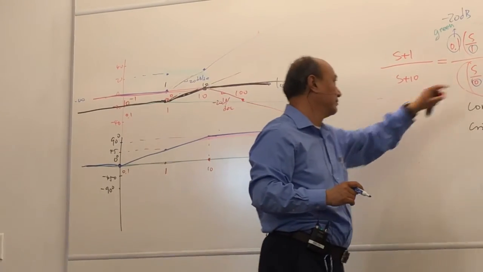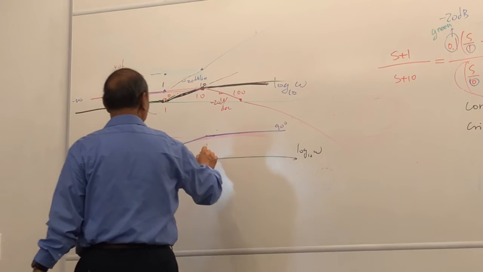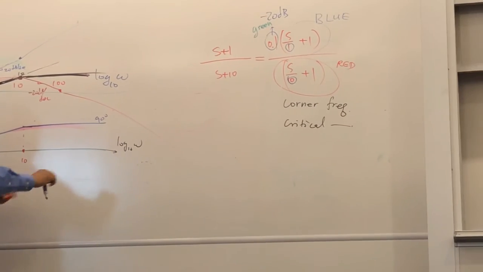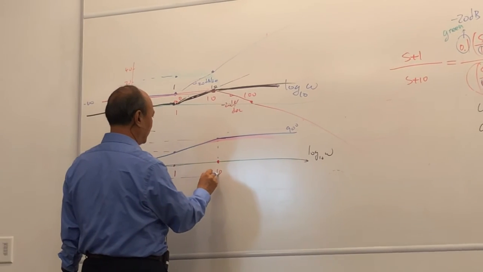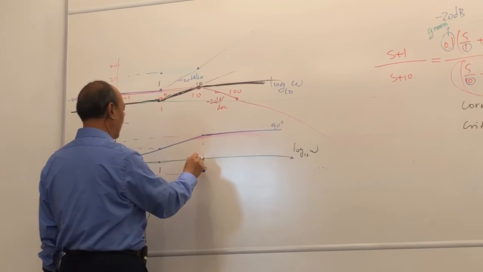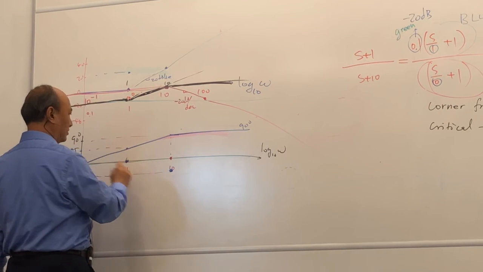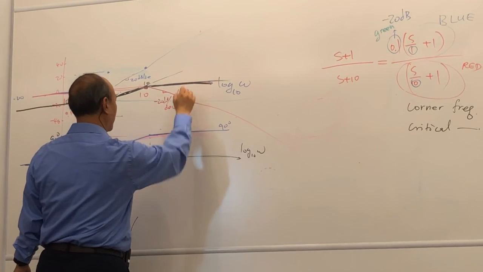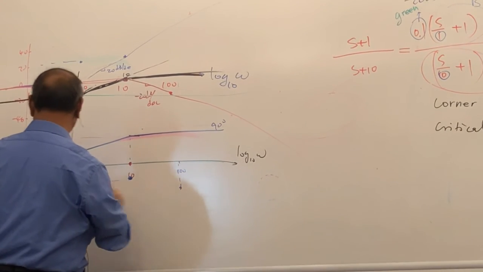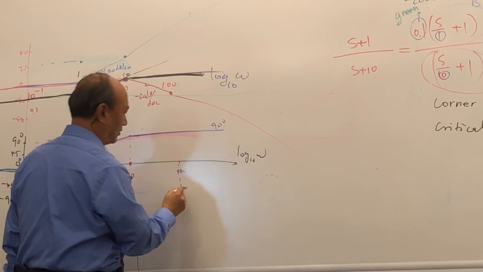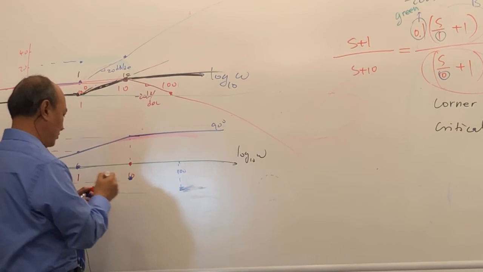How about this one? When s is 10, its denominator is 10, I know that it corresponds to 45 degrees in here. 1 corresponds to 0. Then I need another 100, is here, 100. So this 100 will correspond to my 90 degrees. So everything will go, oh no, I need to use red.